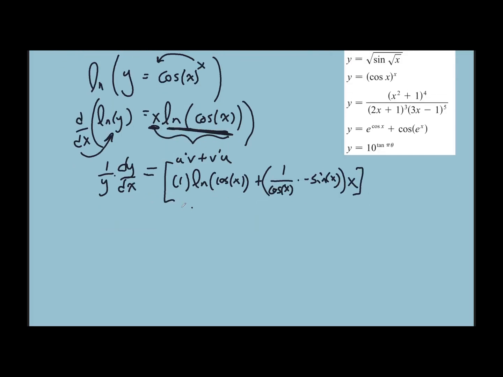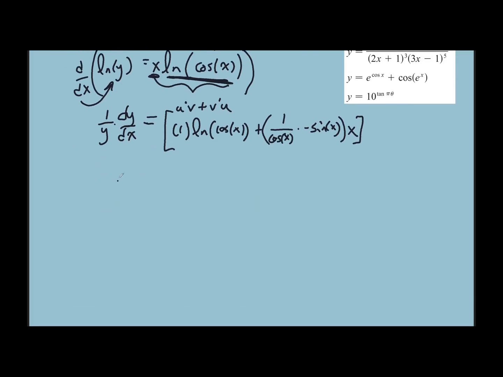So what does this look like when we clean it up? We have the same on the left side for now. Natural log of cosine of x plus, well, it looks like it's going to be a minus, x tangent of x, sine over cosine, yeah? And then this, we can multiply up, we can multiply the y up here, so we can do like this, and we'll say this is what our dy/dx is going to be.